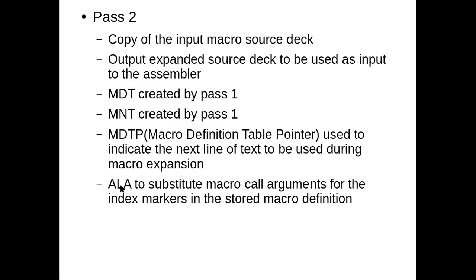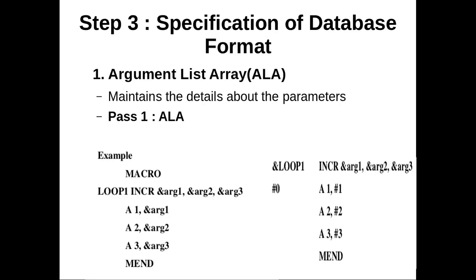Then we will be using the ALA, but the purpose of the ALA in the second pass is different. Here in the second pass, the ALA is used to substitute the value of the index markers with the real argument values. That is all about the second step.